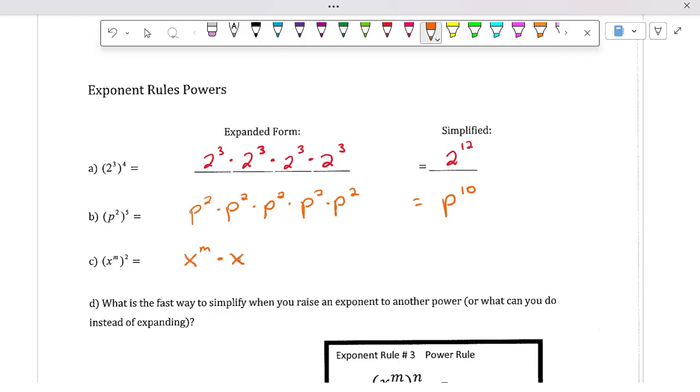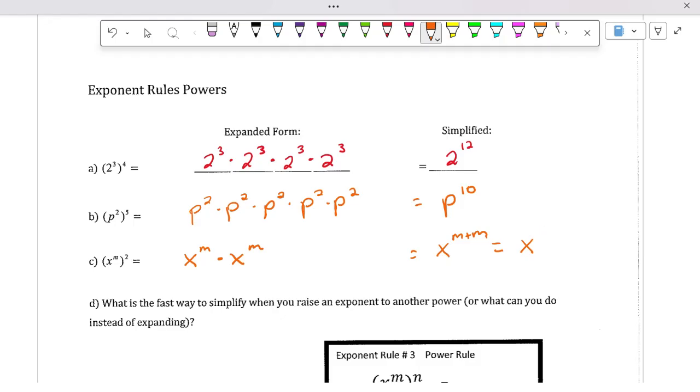x^m times x^m. If I add m to itself, think about this carefully. So we have x to the m plus m. What's another way I can write x to the m plus m? Not x squared, not m squared, because we're adding them. Think about it this way. 3 plus 3 is what? 6.